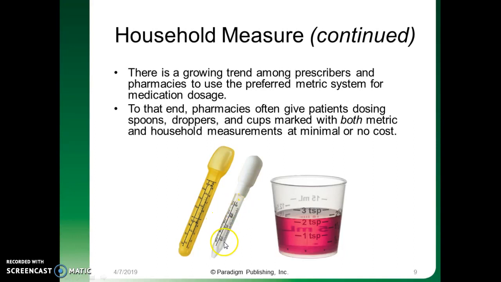The same here with the dropper, teaspoon, milliliters. So whenever the pharmacy is writing down the directions on how to take it, they will sometimes write both. They'll write take 1 teaspoon, and in parentheses they'll put 5 ml of the medication every so often.